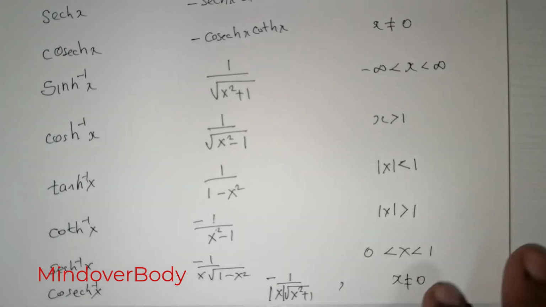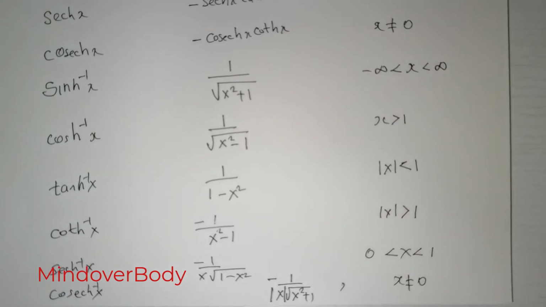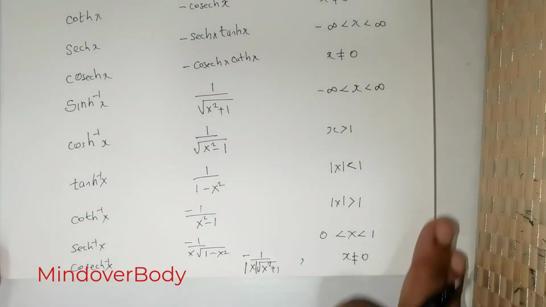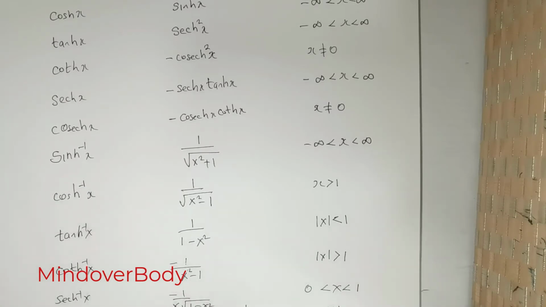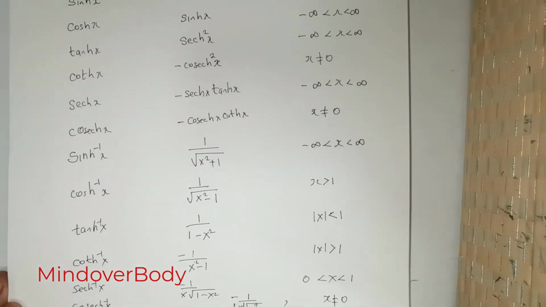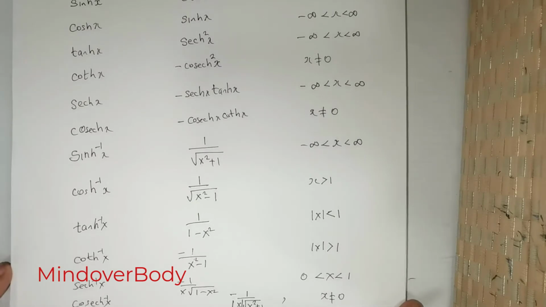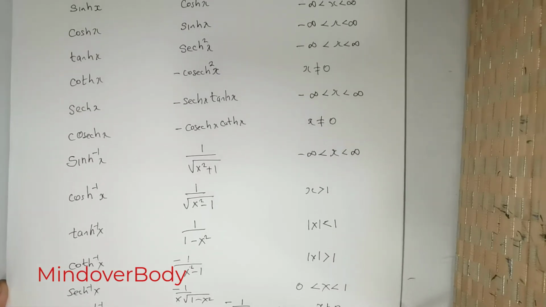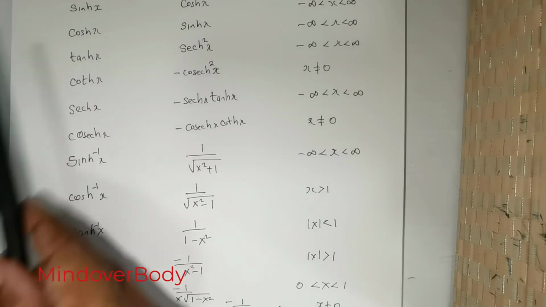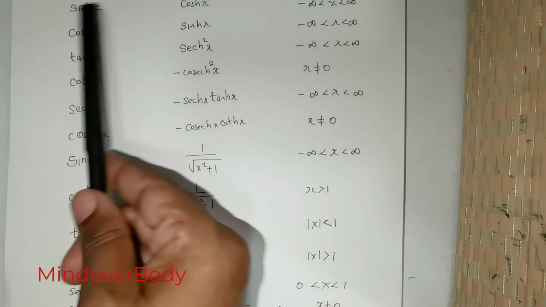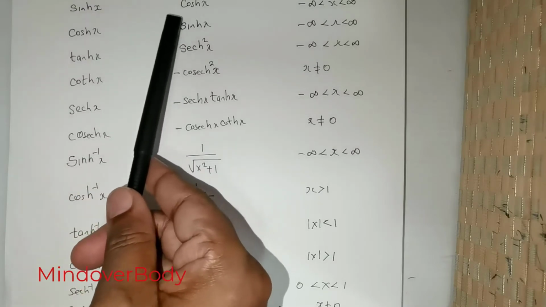So this is the list I would like to show you. Okay, so I'm able to bring this all in one space. So function sinh inverse, the derivative of sinh inverse is cosh inverse.